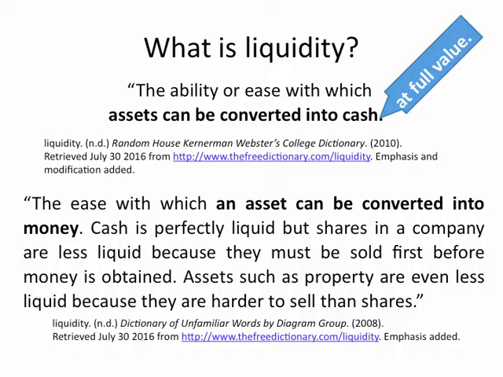Assets such as property are even less liquid because they are harder to sell than shares. So if your company owns property like a building or land or a fleet of cars, and let's say your company decided to sell one of the cars in its fleet in order to get some cash. Well, you'd have to put out an ad that the car is for sale. You'd have to attract a buyer, arrange an appointment for the buyer to come look at the car.